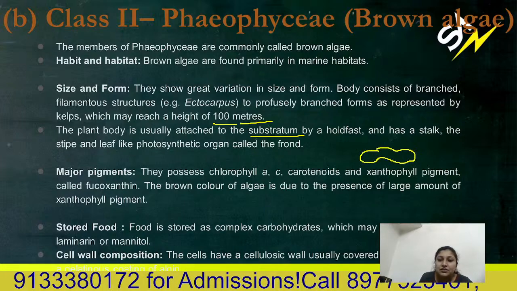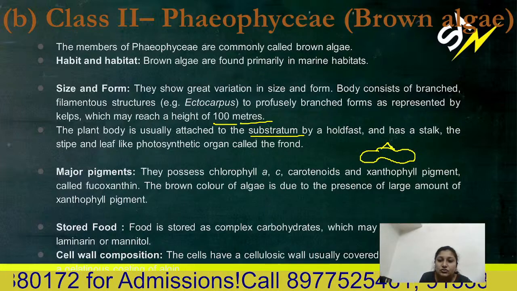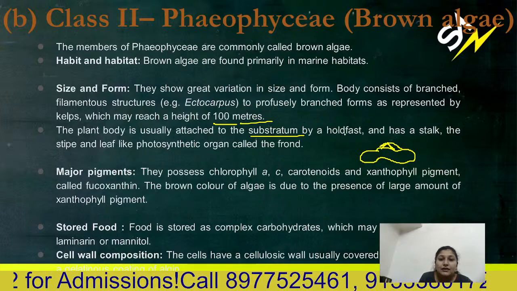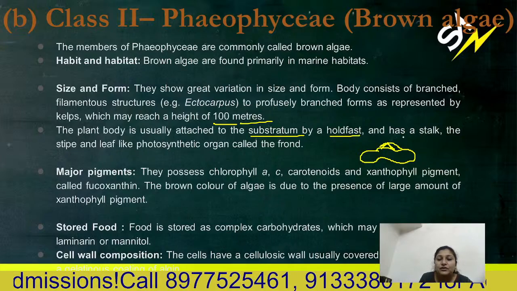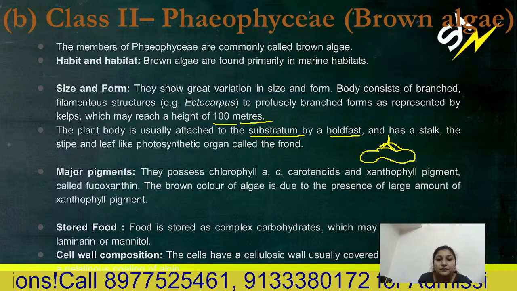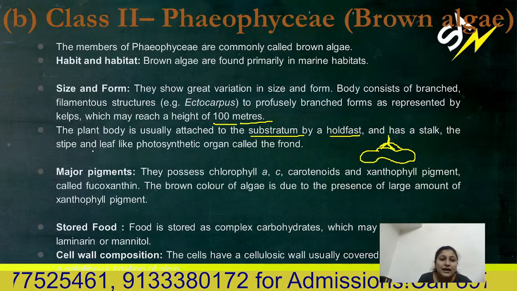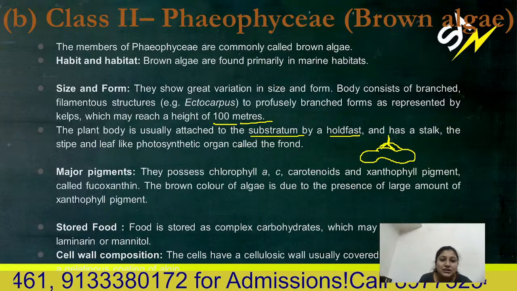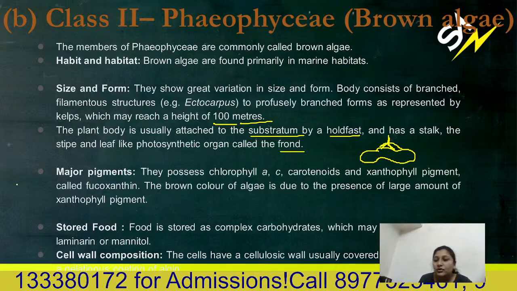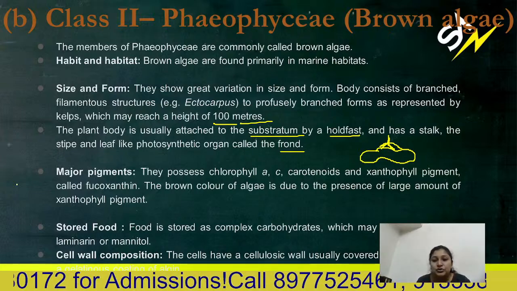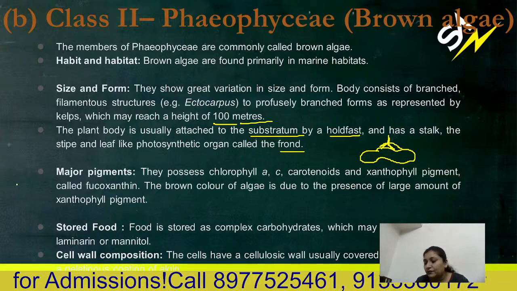For example, this is a rock, and they can attach to the substratum by a holdfast, and it has a stalk, and a leaf-like photosynthetic organ that is called the frond.